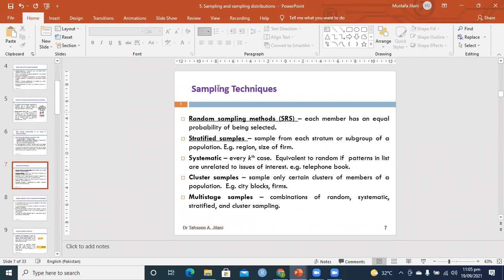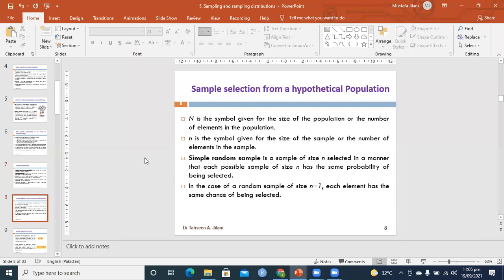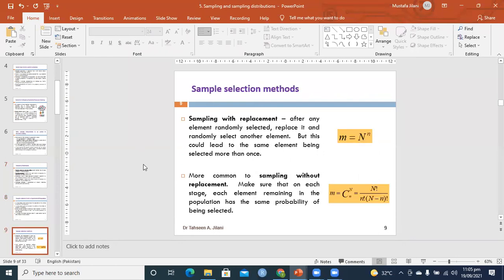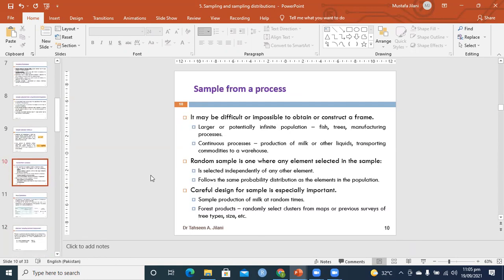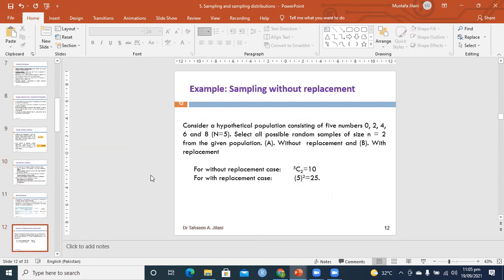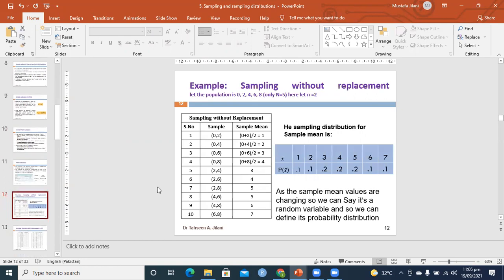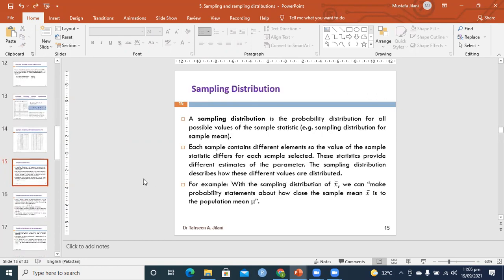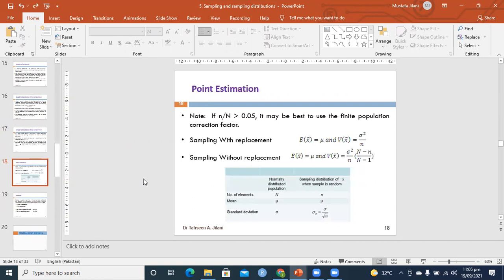And then what the different sampling techniques are, and which method is most appropriate for your situation. The numerical example is just because you are computer science students and can use software, you just have to define the population and software will develop all the samples and the sampling distribution for mean and for variance. So this is a lesson about sampling distribution and sampling distribution for mean.